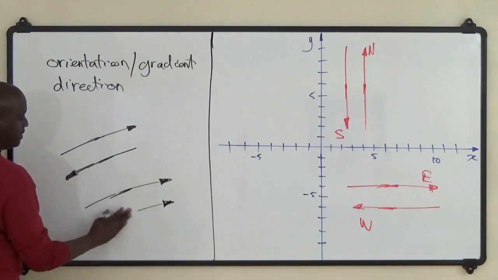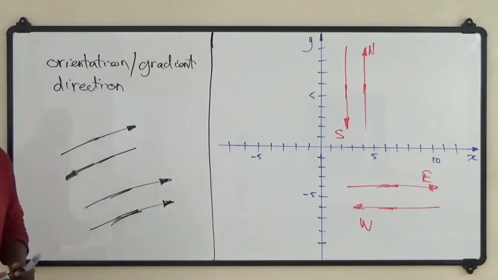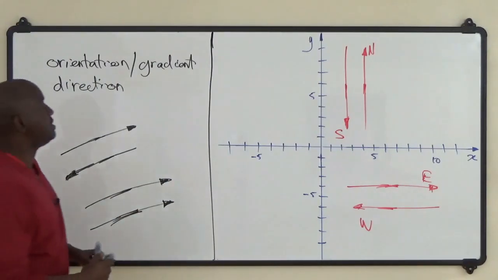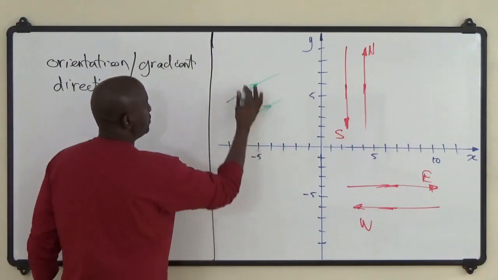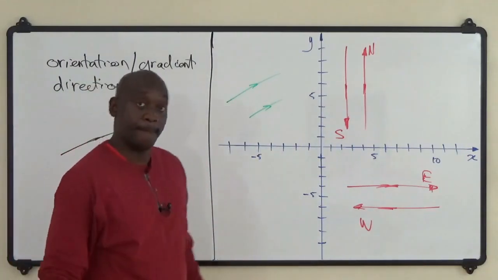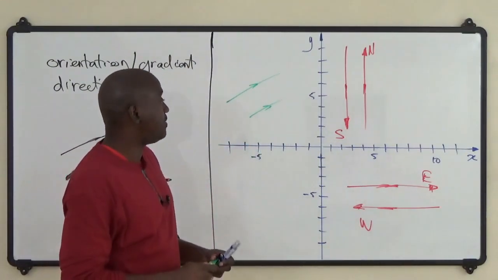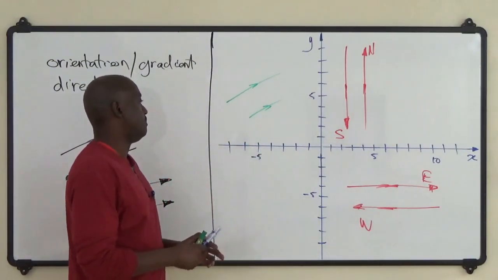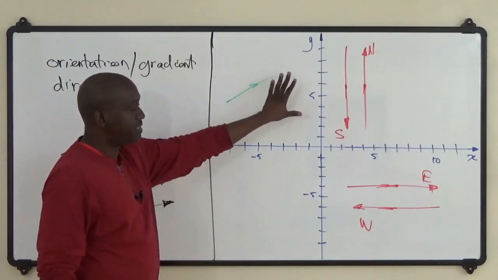Now we know that in general usage, we say two lines are parallel, and the arrows will be like this to show that the two lines are parallel. But if we want to be more specific, we have to be very specific. The two lines are parallel not because they're moving in the same direction.